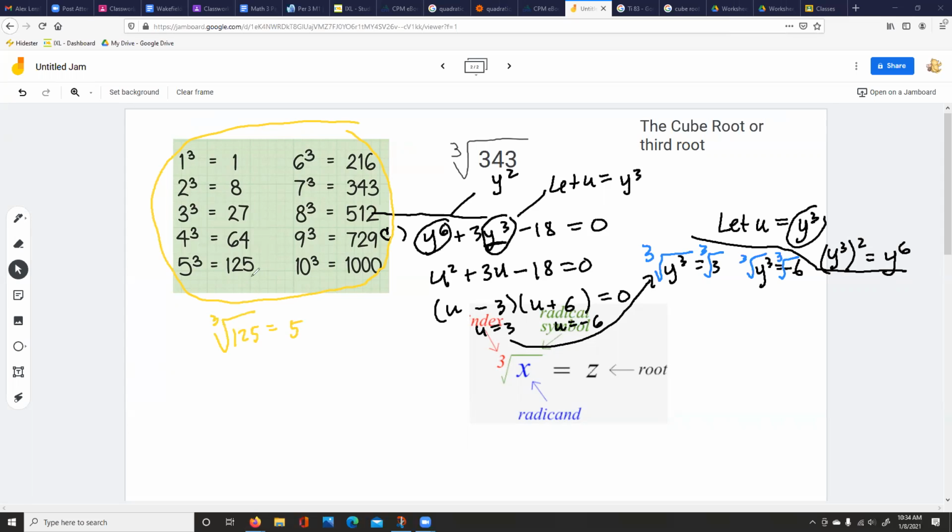I'm going to give you time to write this down quickly. 6 to the 3rd is 216. So if I took the cube root of 216, that would be 6. 7 to the 3rd is 343. You're going to see that in your homework a little bit. The cube root of 343 is 7, because 7 times 7 times 7 is 343. 8 to the 3rd is 512.